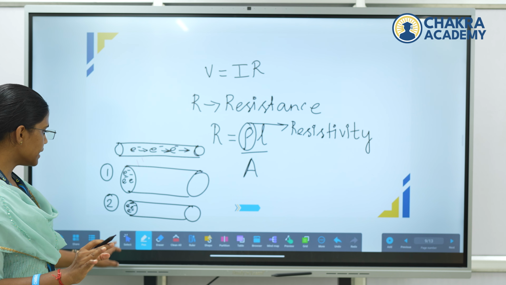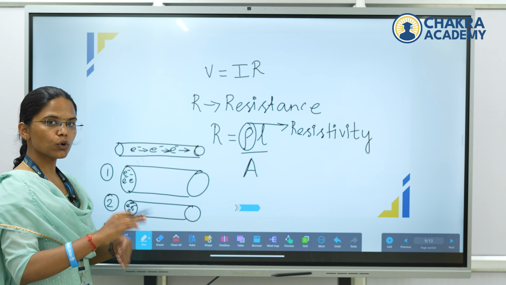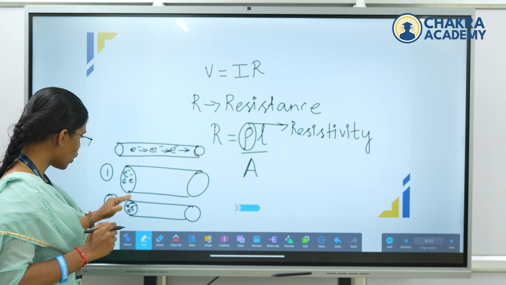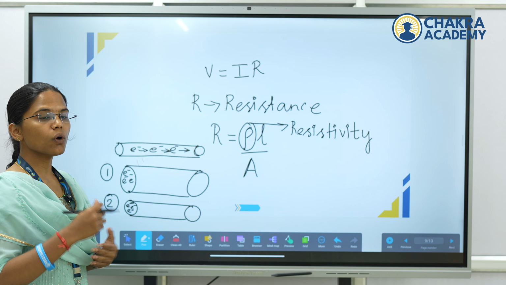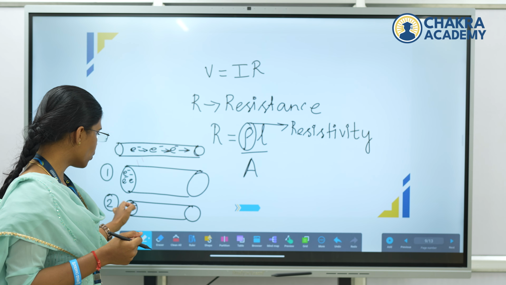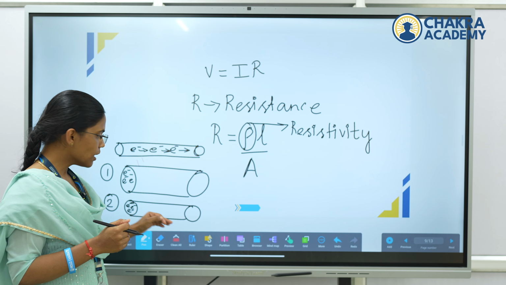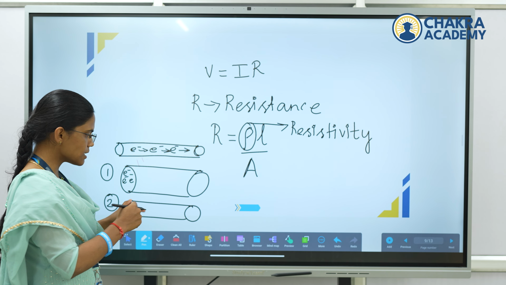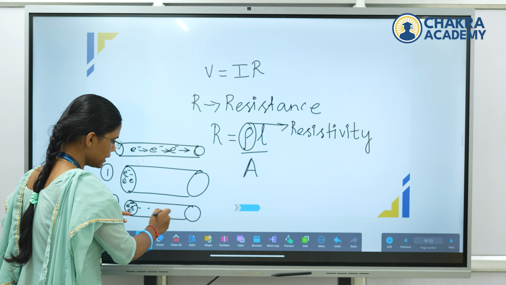It is obvious, right? In case 2 there will be more collision. Why? The area is very small, so electrons will collide among themselves more. When electrons concentrate on colliding with each other, will they flow easily? No, because they keep colliding among themselves and the flow gets reduced.